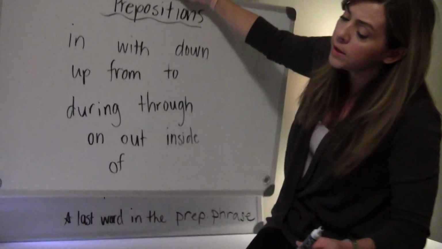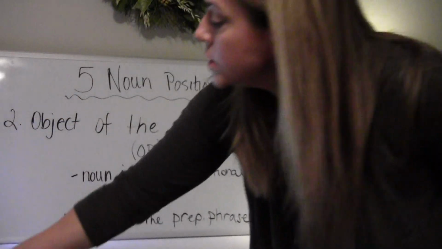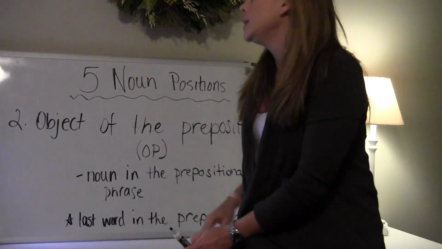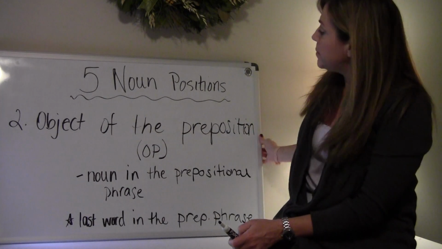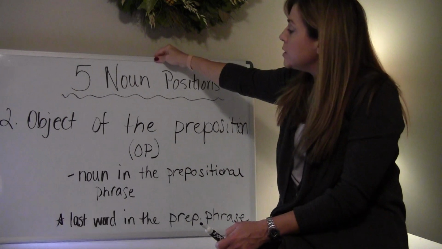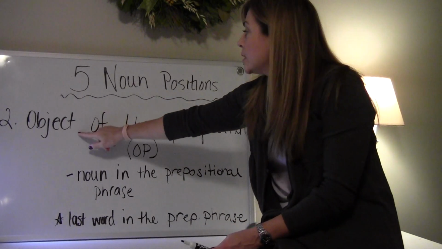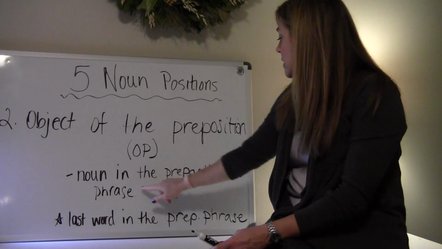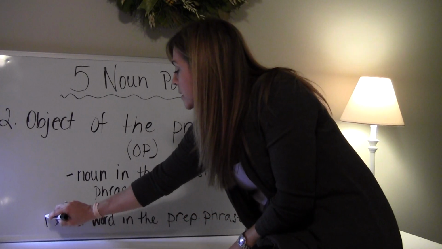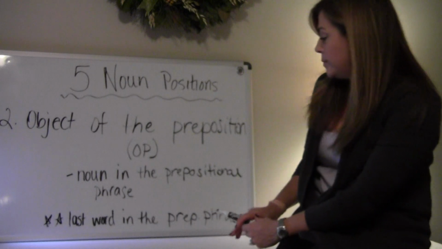But let's take a look at that second noun position. So our second noun position that we're going to look at this week is the object of the preposition. So the object is the noun. That's the noun in the prepositional phrase, and this is always helpful.